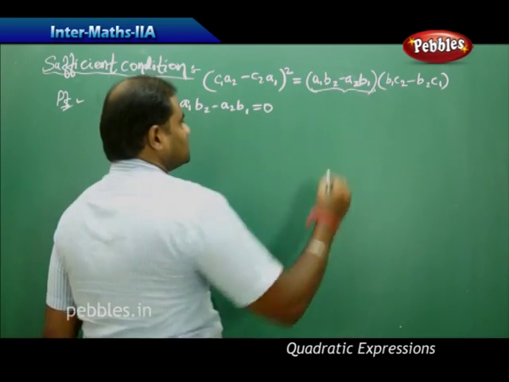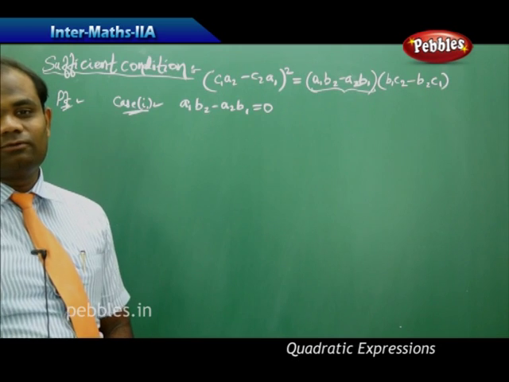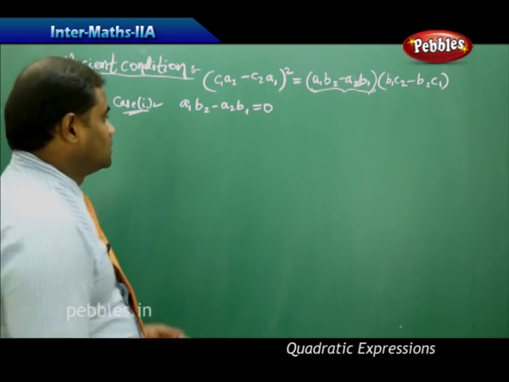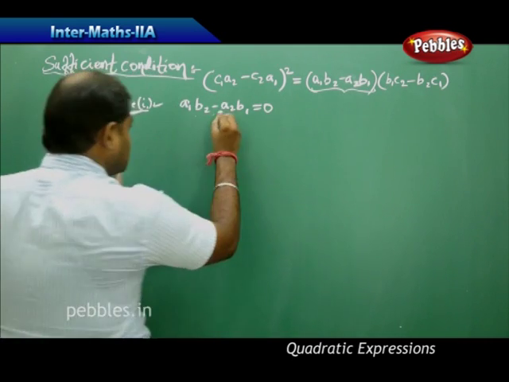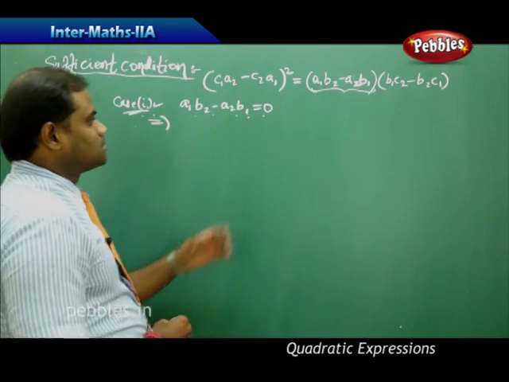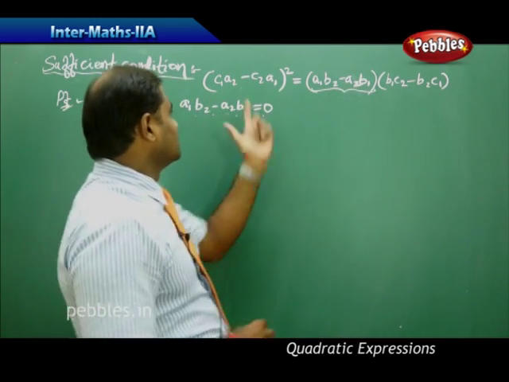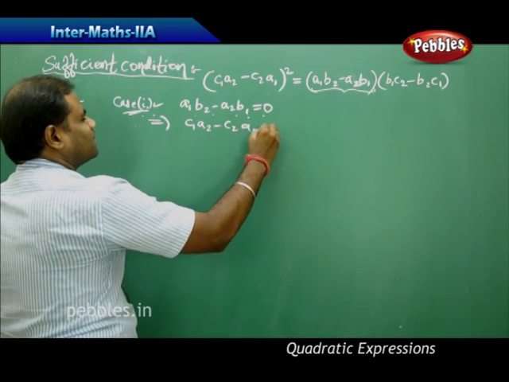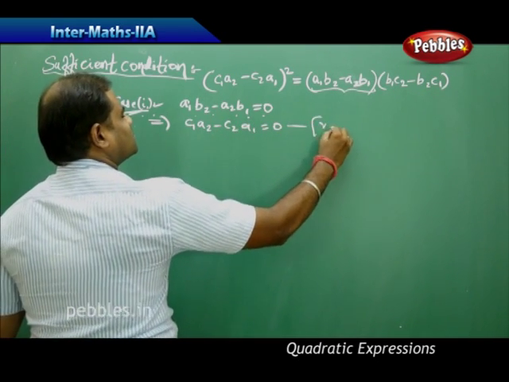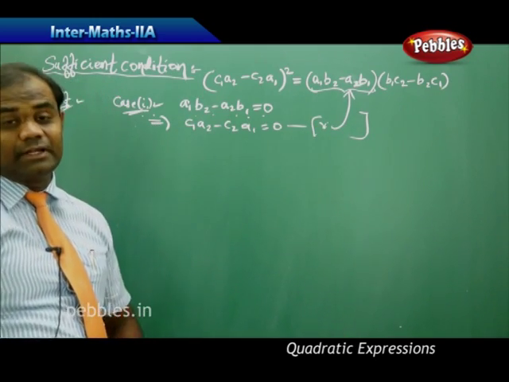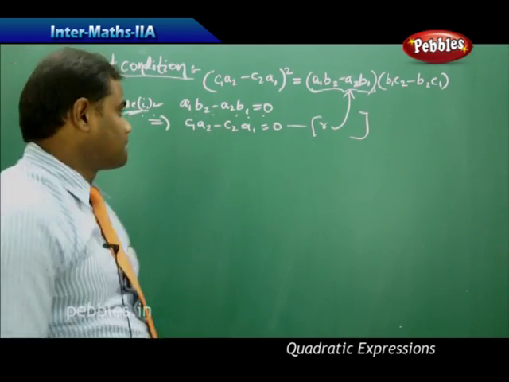So using this equal to 0, I prove the common root, that is the sufficient condition. Because A1B2 minus A2B1 is 0 in case 1, substitution in this equation gives me C1A2 minus C2A1 is also 0, since we have this condition which we have taken in the sufficient condition.